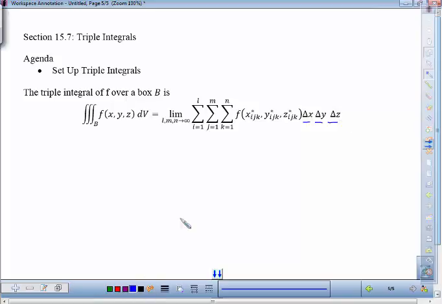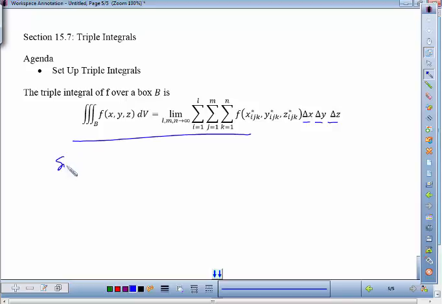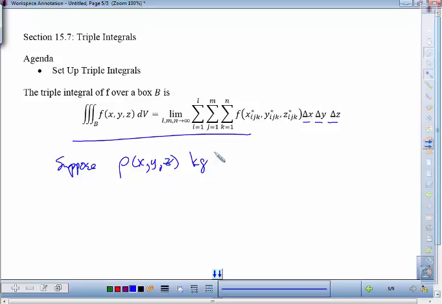So as just a quick setup for what triple integrals might be used for, a density. So suppose the density function of a solid is given by some rho function, and the density is given in kilograms per cubic meter.